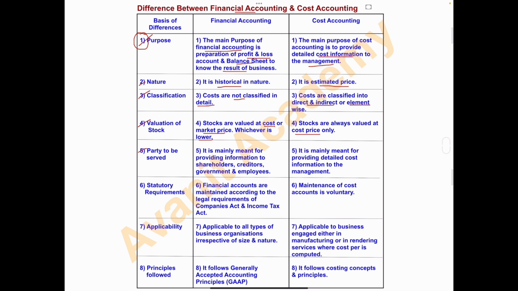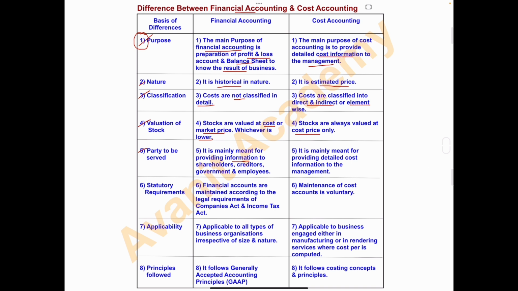Whatever financial report is prepared by the accountant, the information is provided to the interested users, that is internal users and external users. For example, shareholders, creditors, government, employees, management, etc.